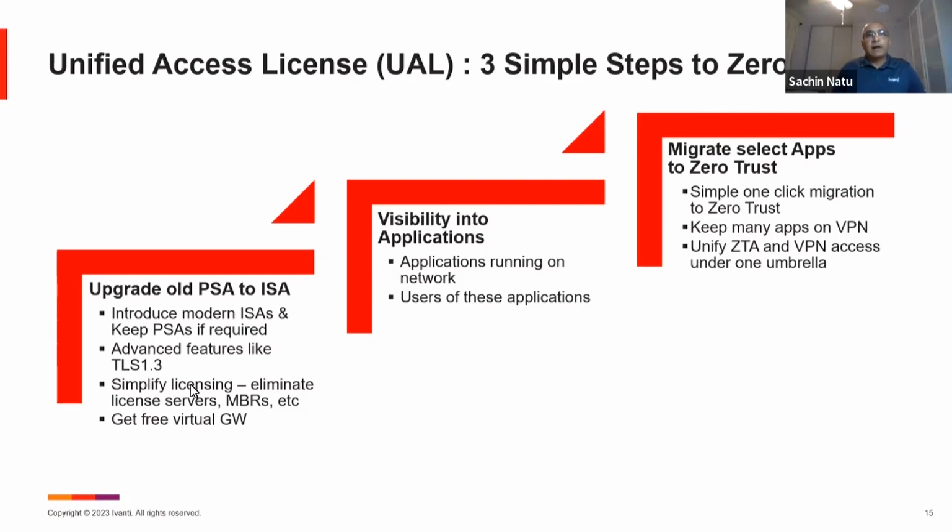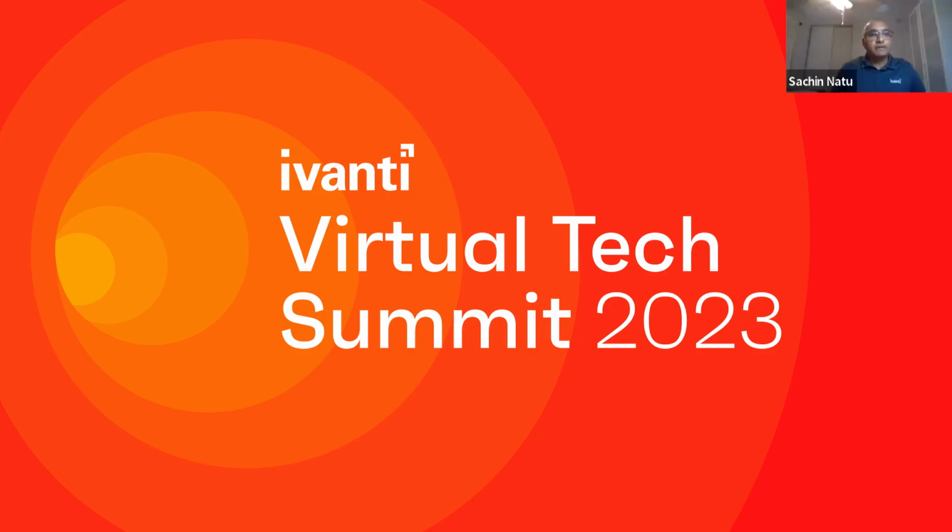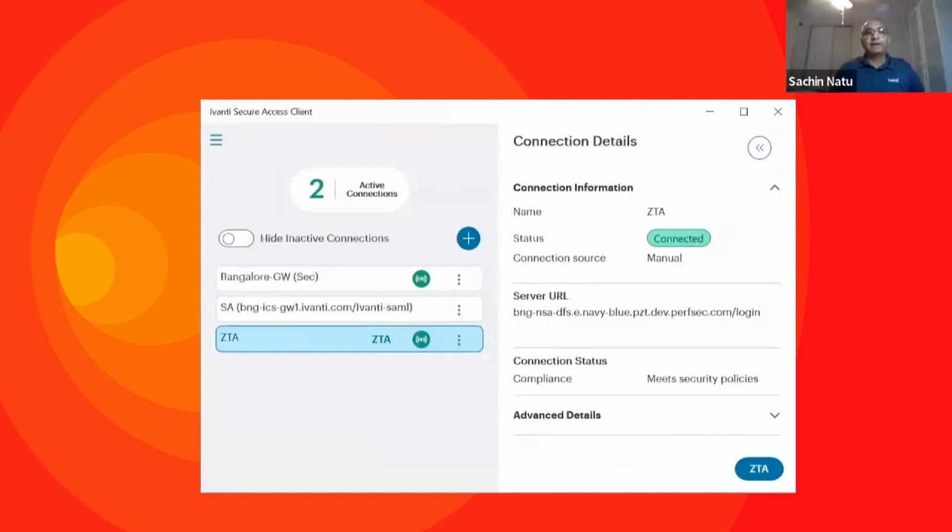Okay. So now I'm going to stop the presentation for a minute, and I'm going to show the real live network demo. This is a real live network where our users are, and I am connected to the network.